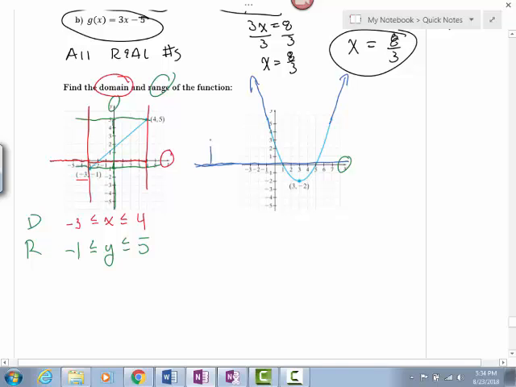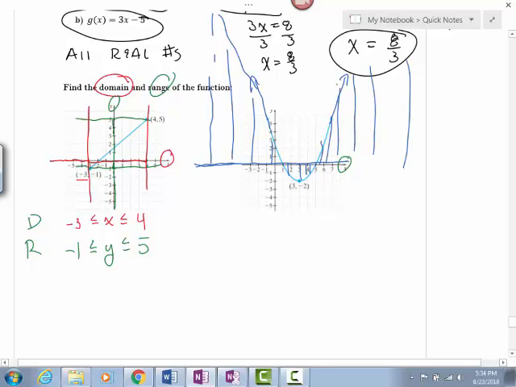No matter how far to the left I started, at some point, if I kept going up, I'm going to hit my graph. Obviously, in the middle here, I would have to go down to hit my graph. But once I pass the number 5, if I keep going up, no matter how far to the right I go, because that graph goes up and up forever, I'm always going to hit my graph.